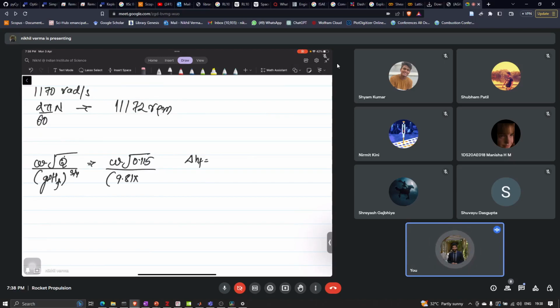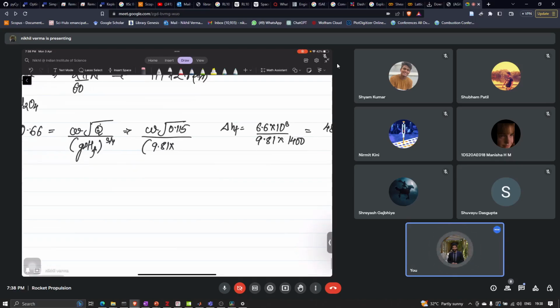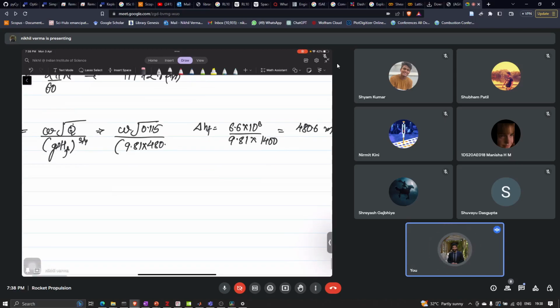hf can be calculated as the pressure difference between the tank and the combustion chamber, which is 6.6 times 10 to the power 6 divided by 9.81 divided by the density. The density is 1400. It gives you 480.6 meters, so this is 480.6 to the power 3 by 4.